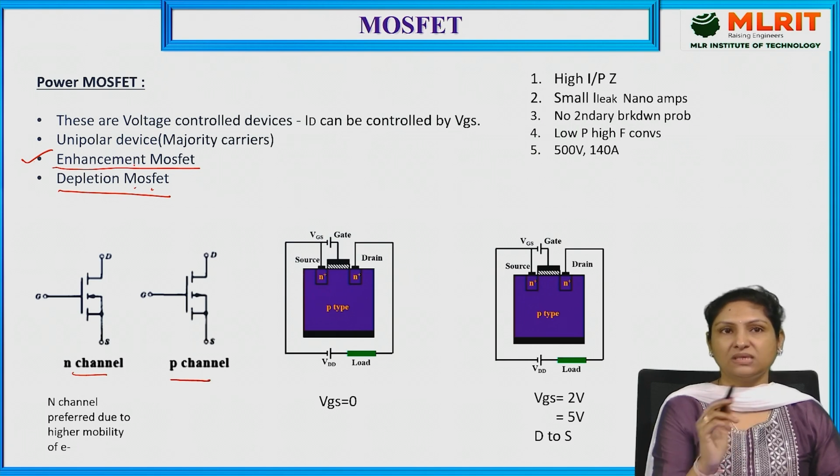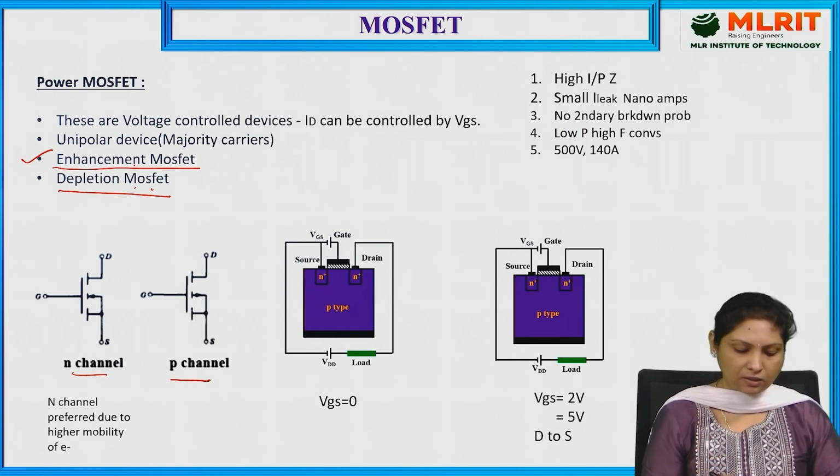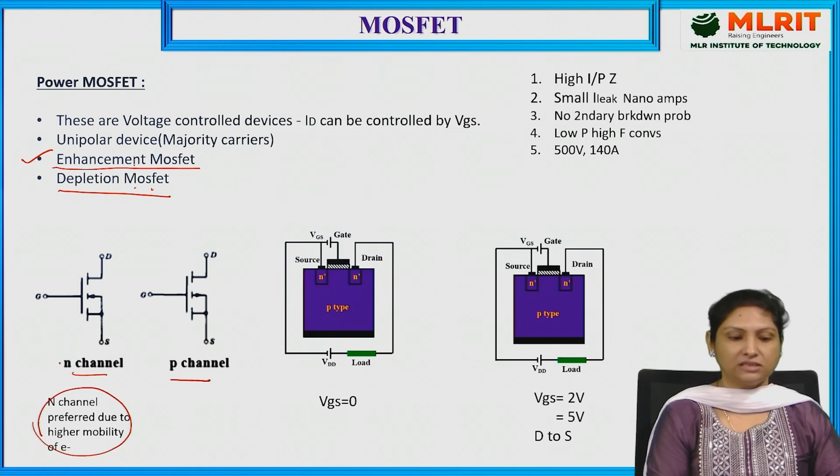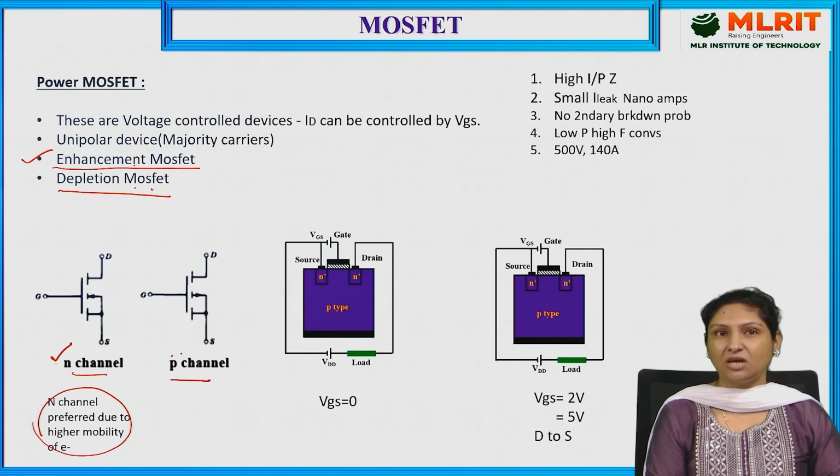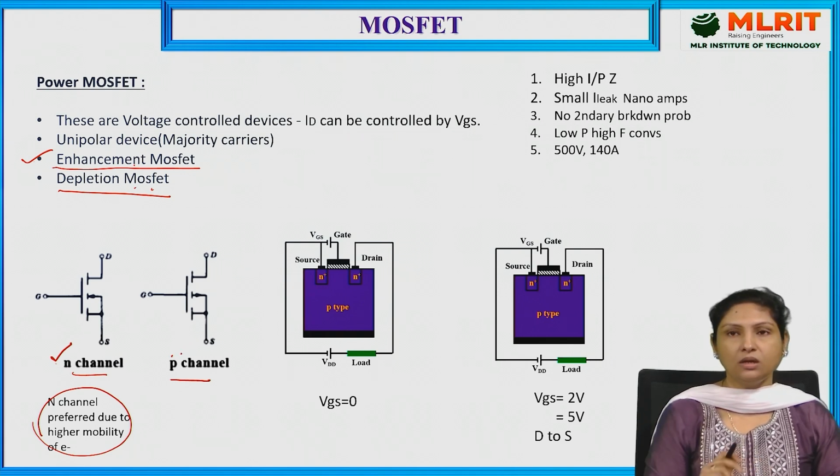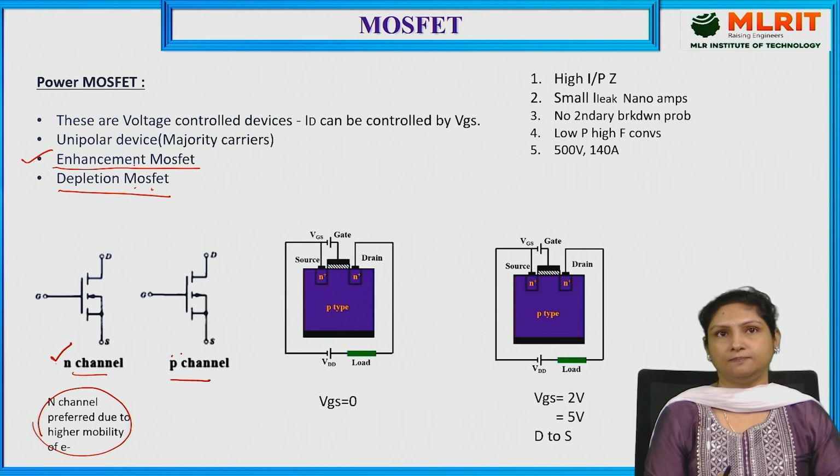And in these both, N-channel is mostly preferred even when compared to the P-channel, that is because of the higher mobility of electrons which is found in the N-channel MOSFETs.